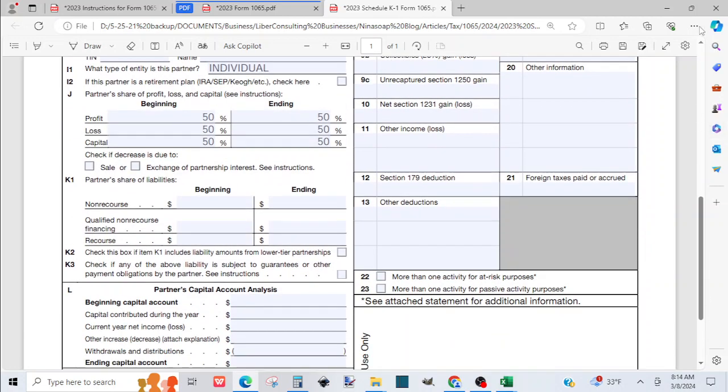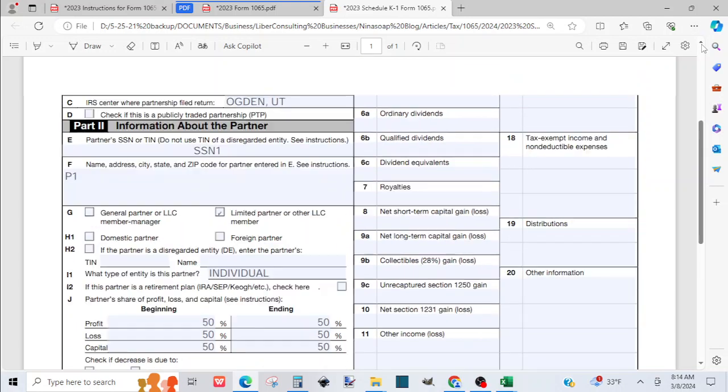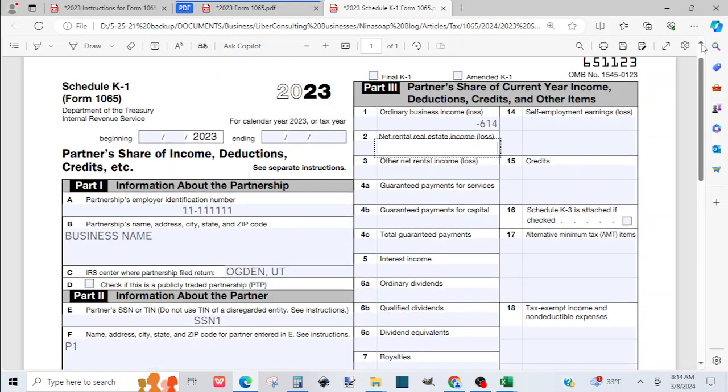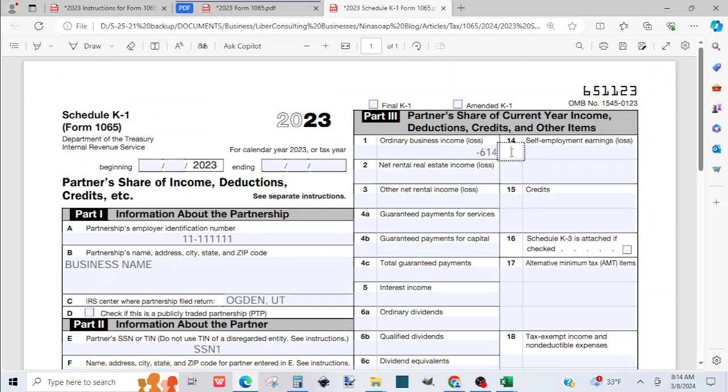So 14, and we are going to put code A, and we'll put negative 614. And we'll put code C.